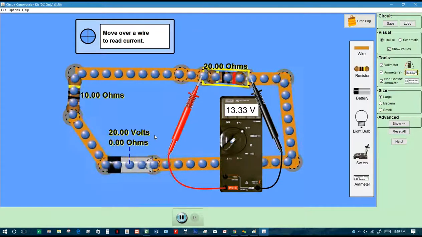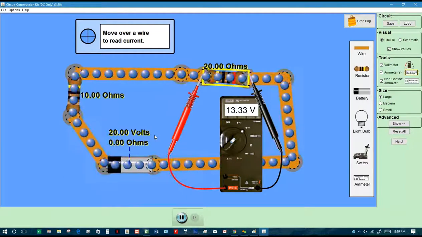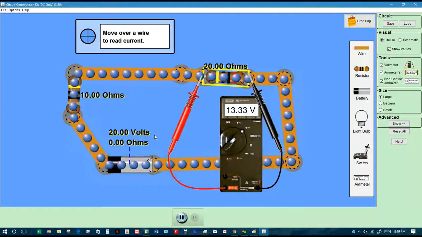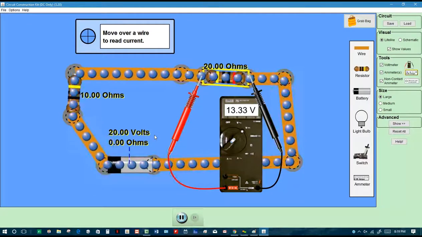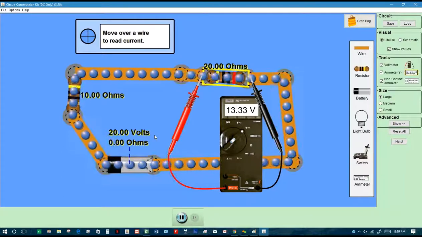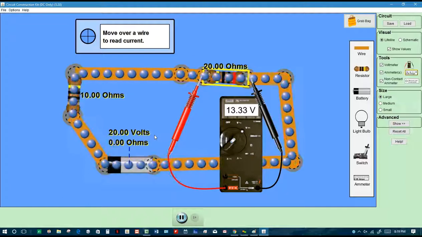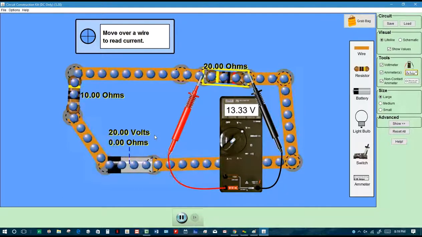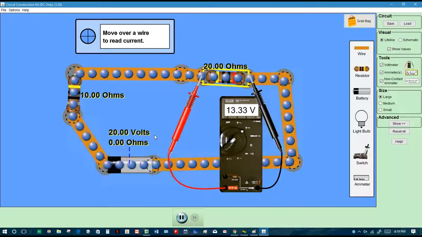Yep. And so why is it using more voltage on the 20 ohm compared to how much voltage drop there was on the 10 ohm? Because there's more what in the 20 ohm? More resistance, exactly. So in a series circuit, the battery will always use proportionally more of its voltage to push the current through high resistance areas because it's hard to get through, so it has to push harder to get it through.